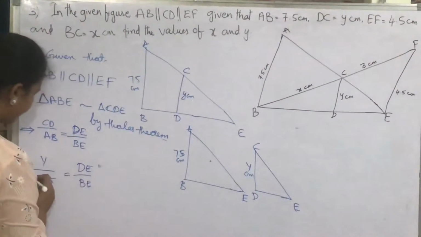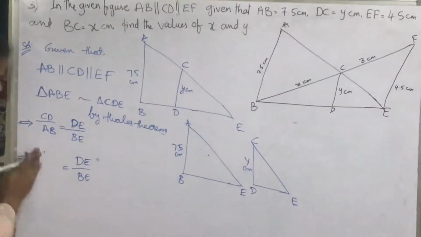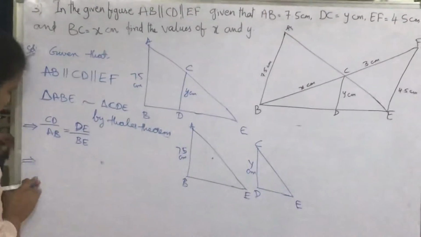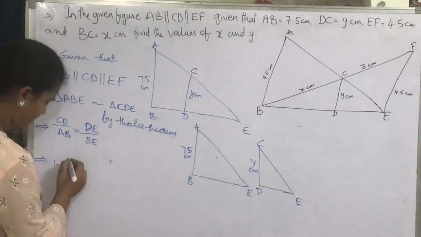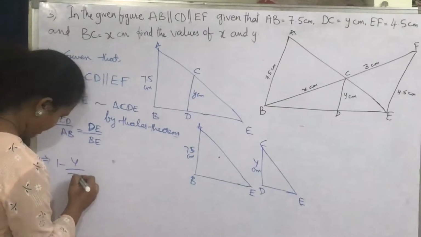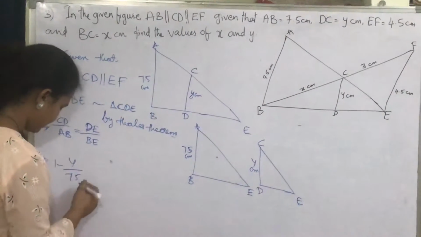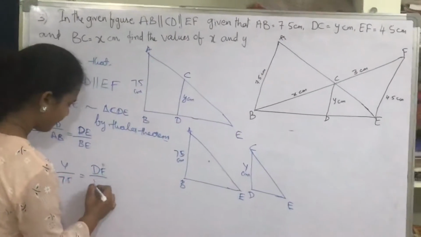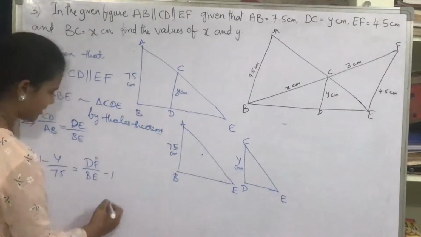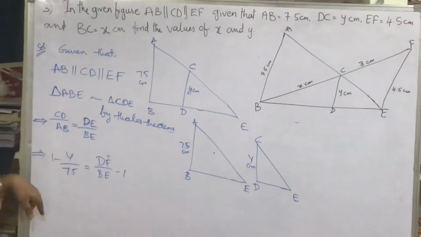Now add -1 on both sides, like y by 7.5 minus 1 equals DE by BE minus 1. Okay, just add -1 on both sides.